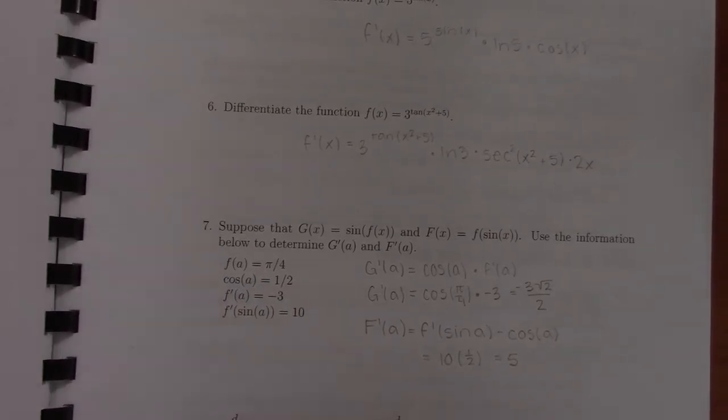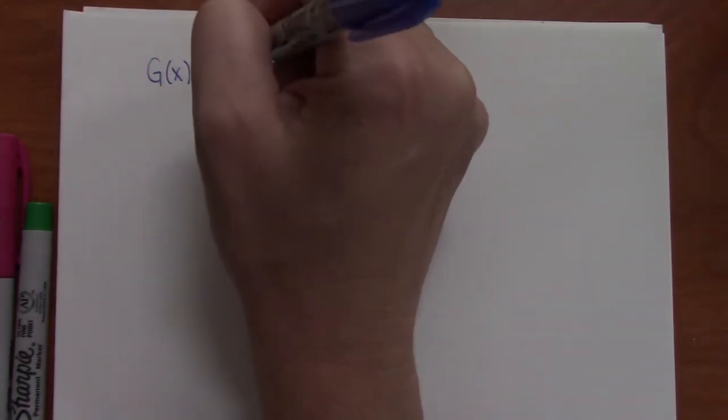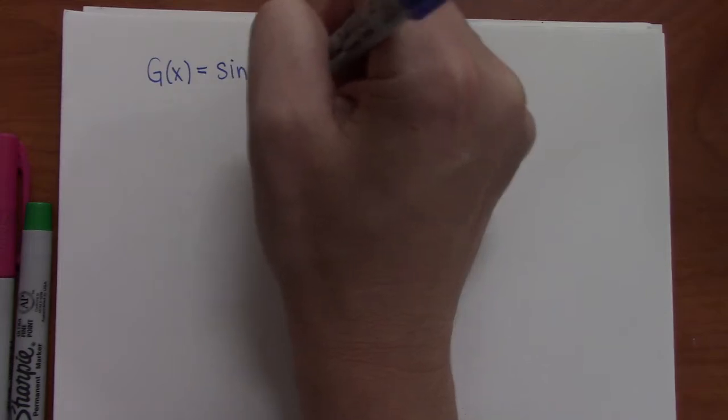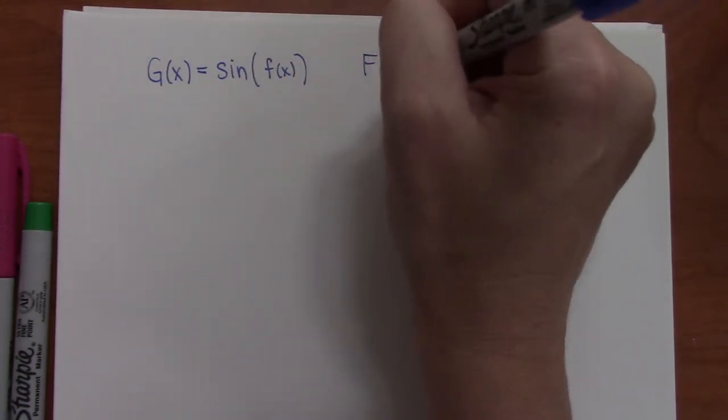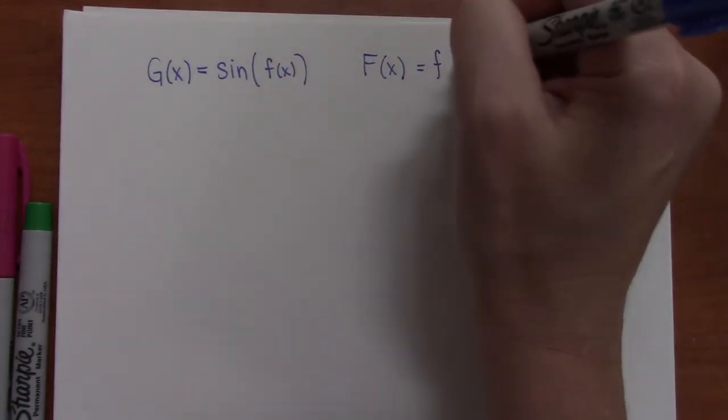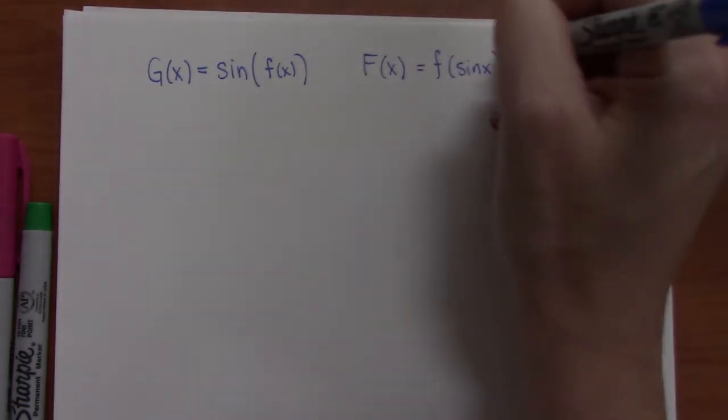So what I'm going to do is write this down and walk you through it. What we gave you in the problem, and it was a little confusing because we had the capitals and the lowercase, but we said capital G of x is defined as sine of f of x, and capital F of x is defined as f of sine of x.